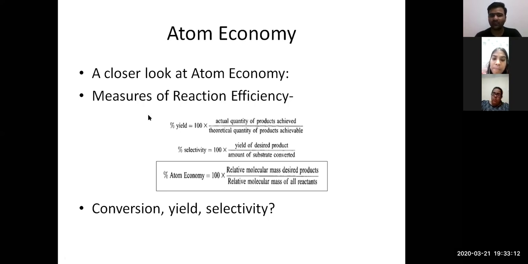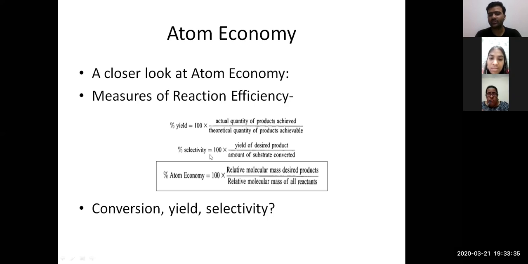Apart from this, you have other measures of reaction efficiency like yield and selectivity. Apart from yield and selectivity, which were conventionally looked at, I mean, it's not as if the earliest chemistry involved no mechanism to check on reaction efficiency. How did they check reaction efficiency? They used to check the overall yield of the process, right?